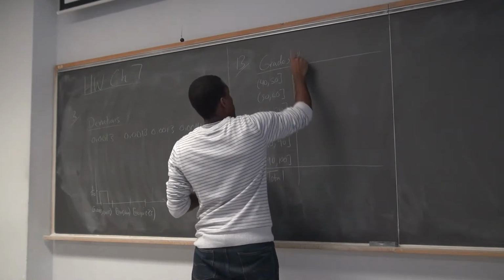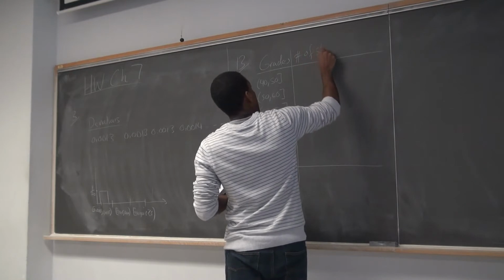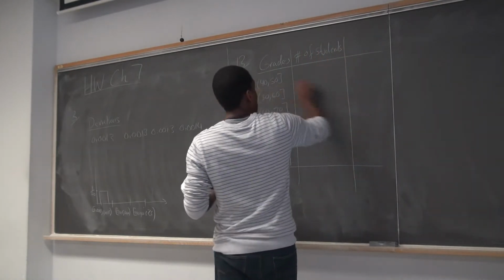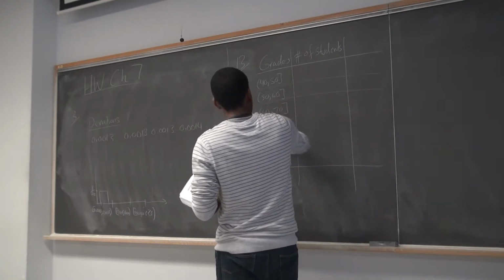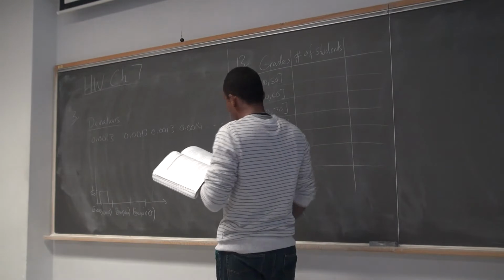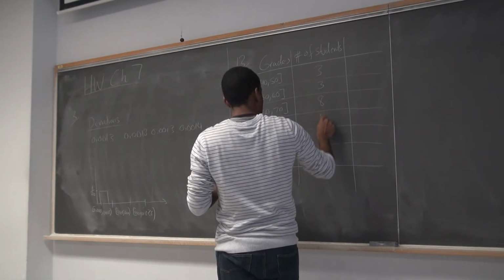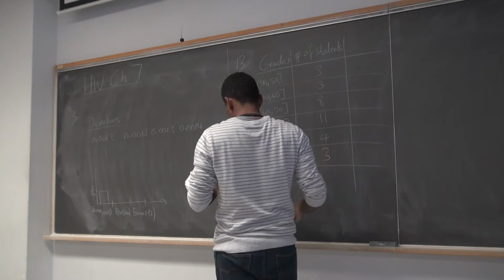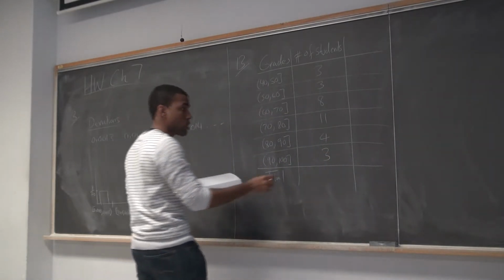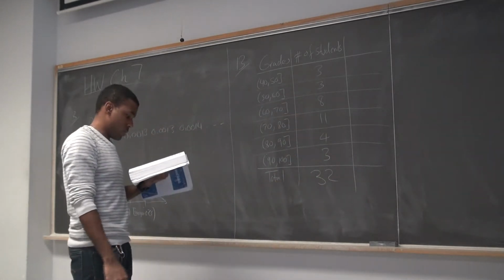And we have the number of students, which basically functions as a frequency. So we have 3 students, 8 students, 11 students, 4 students, 3 students. How many is that in total? 32. There were 32. Right, so you add these all up so you get the total. We're going to need that.